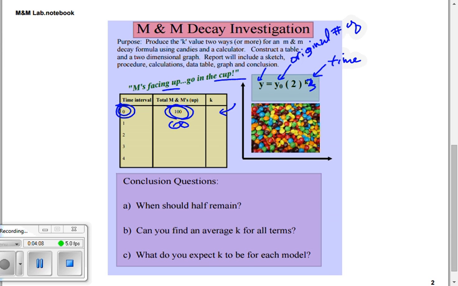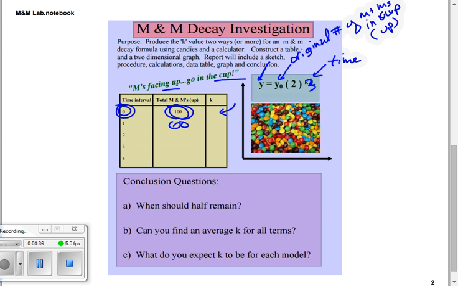It's original, yes. And that really means those are supposed to be M&Ms where the M is up, right? The M's that are up go in the cup. So these are the original number of up M&Ms.